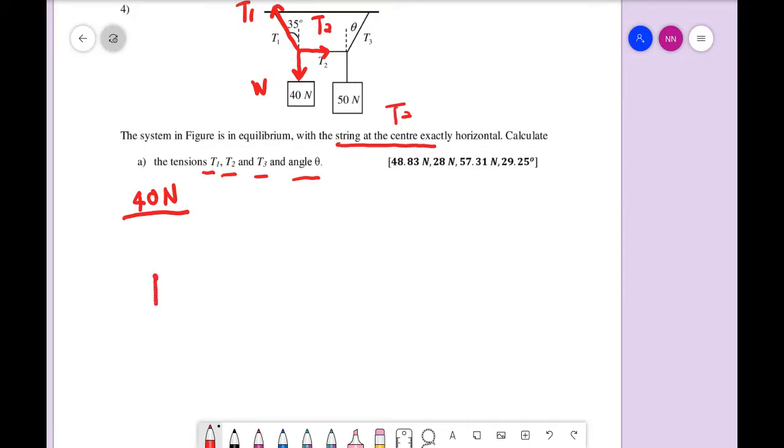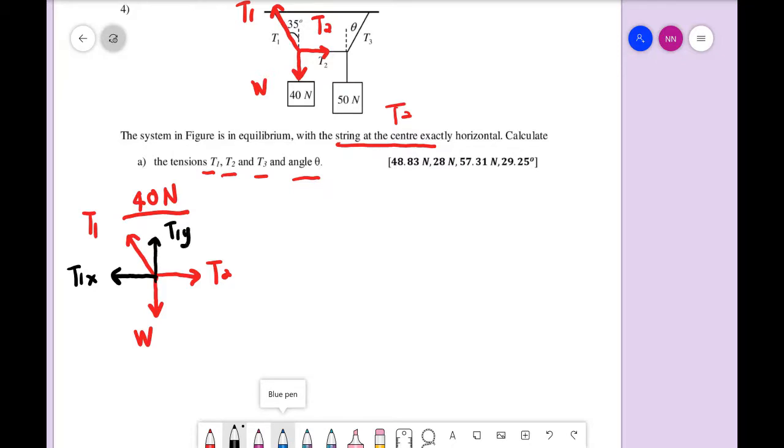It has a weight of 40 Newton and then T2, and T1. T1 is tilted, so we can resolve T1 into T1x and T1y here.